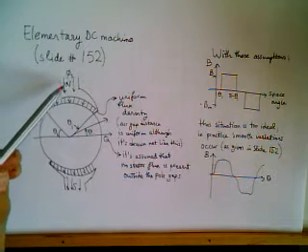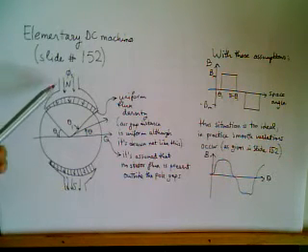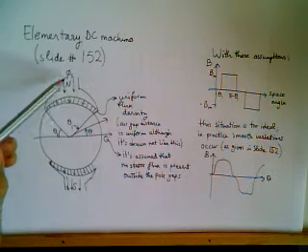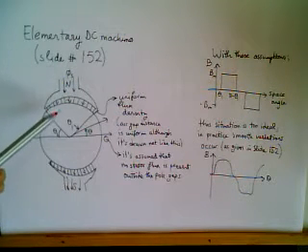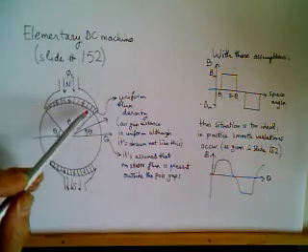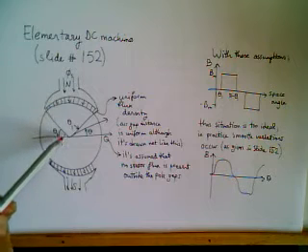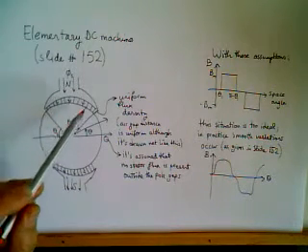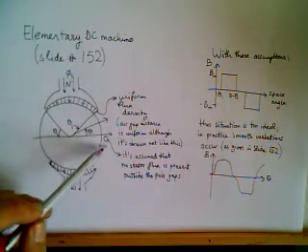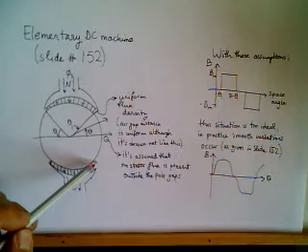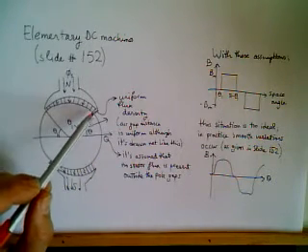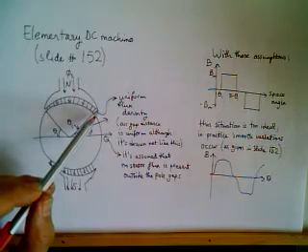This DC machine has a north pole and a south pole, and the flux is created by another coil which is not shown here, and the flux travels from the north pole to the south pole, desired to be homogeneously distributed, and under the pole it's assumed to be uniform, and outside the pole the flux is assumed to be non-existing. Flux is zero. But of course this is a very theoretical and perfectionist approach.